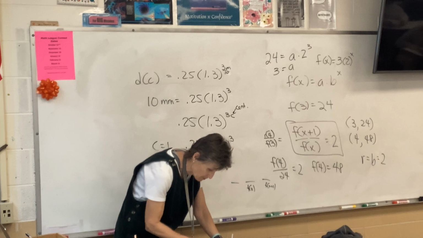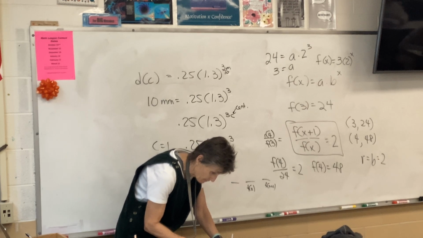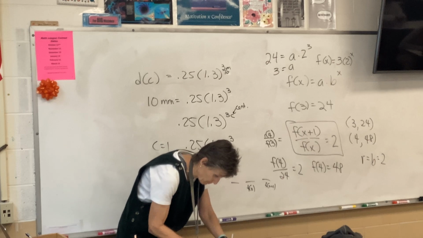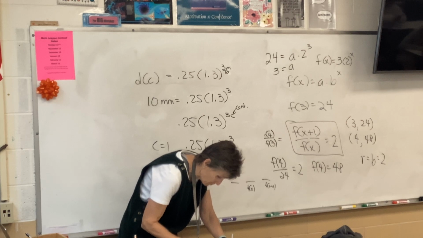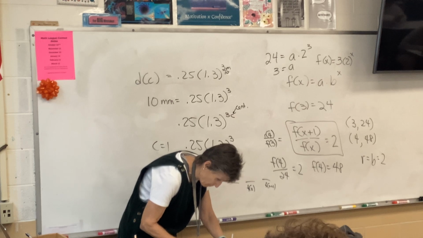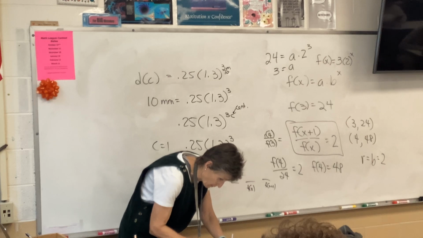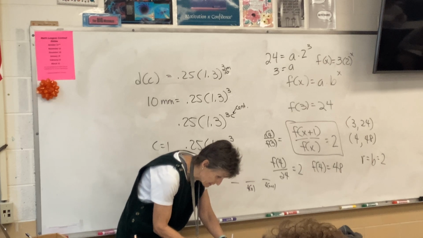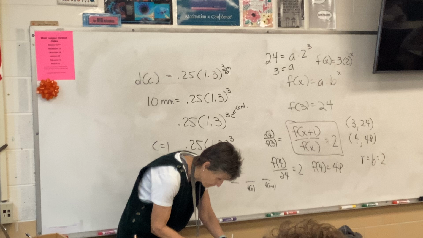So the first thing I'm going to do is find the regression here. So stat edit. Probably not going to get this done, but we can at least get a regression done.